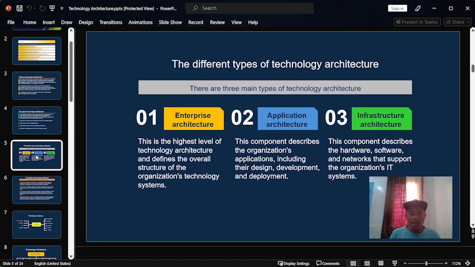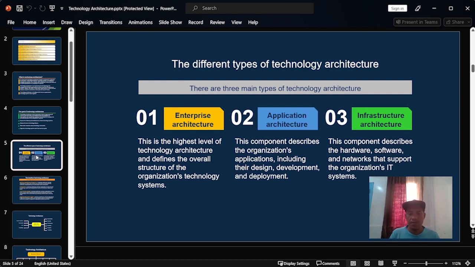Then application architecture. This component describes the organization's applications, including their design and development. This includes the programs, the systems, or any kind of application in the organization: how to design, how to develop, and how to deploy those systems.